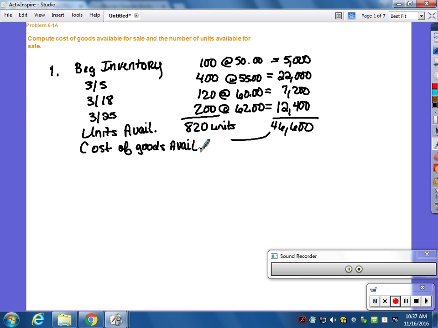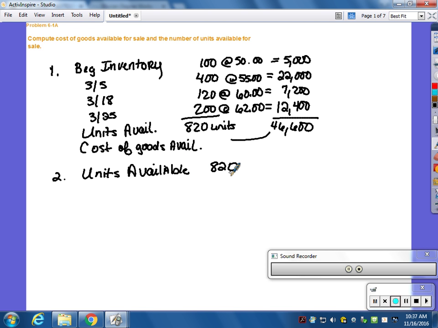Now the second part said we need to find out ending inventory, right? So we know that we started off, well, we know in total we got 820 units, right? So we say units available, 820 units.